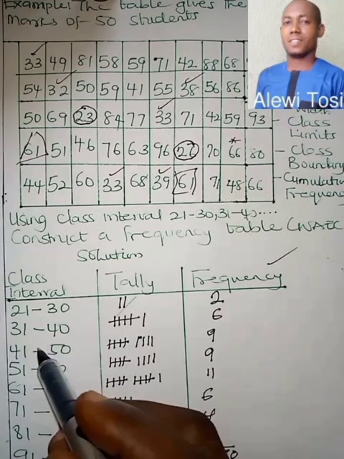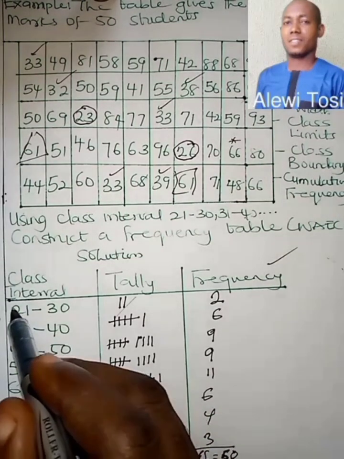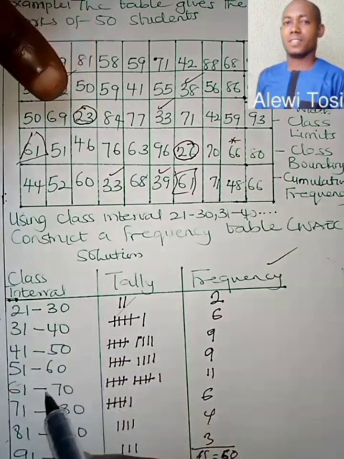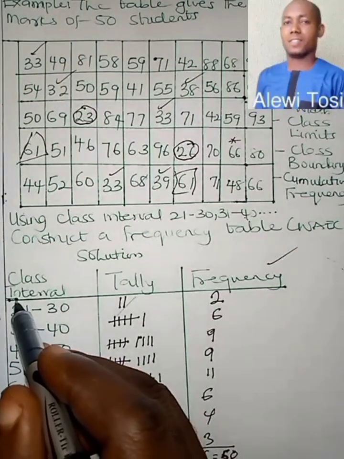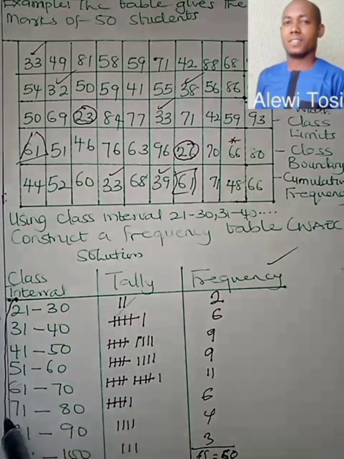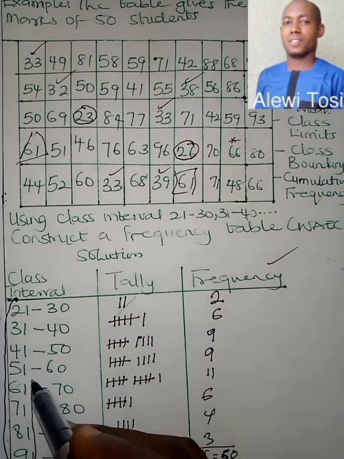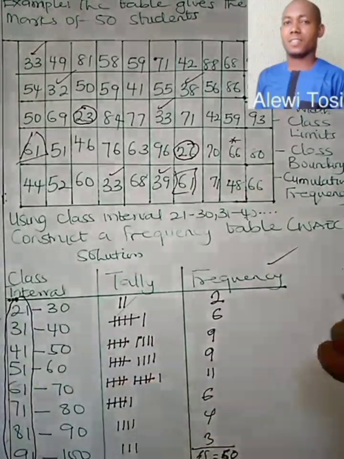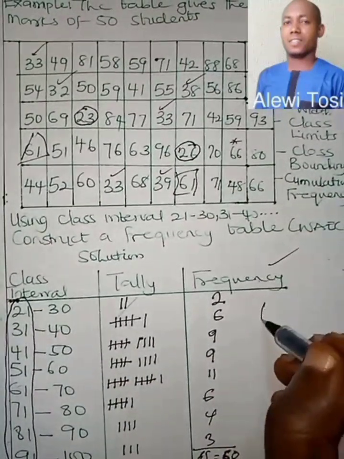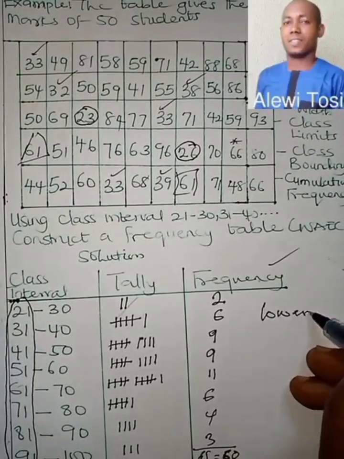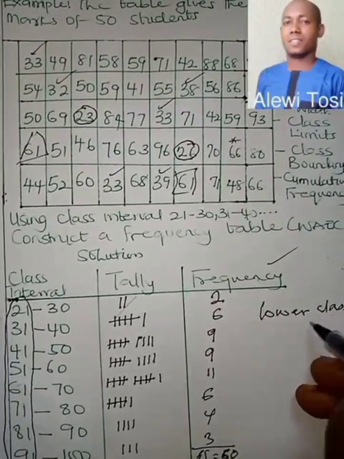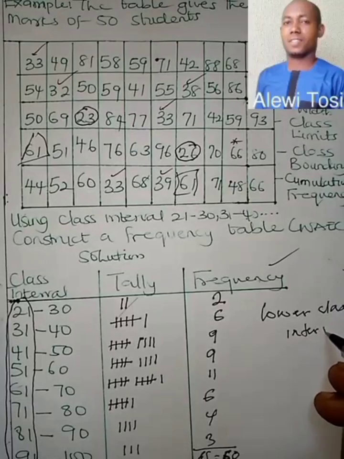And take note, in our class intervals, take note of that. We call this the lower class interval. The one this side is called the lower class interval. Lower class intervals, it's very, very important.